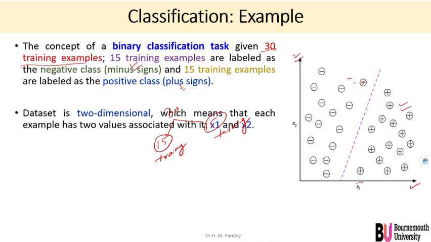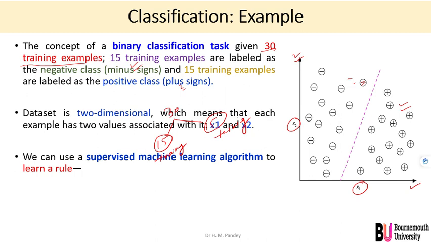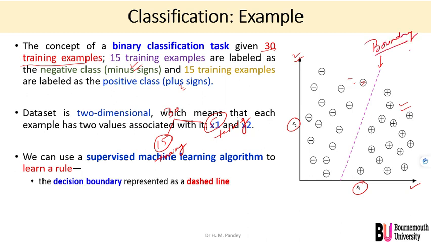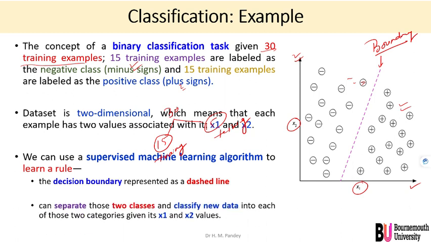Here x1 represents the x-axis, x2 represents the y-axis. So you are basically creating a boundary. This line is the boundary, and it separates your minus, or you can say spam email, from non-spam email.